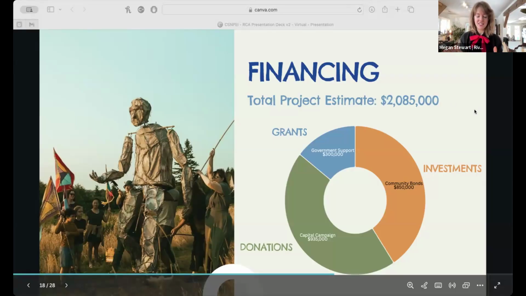In the projections that we did back in the spring, we broke that number down into a capital campaign with a target of 935,000, a community bond raise of 850,000, and then projected support from the provincial and federal government at 300,000, which is pretty modest, I would say.